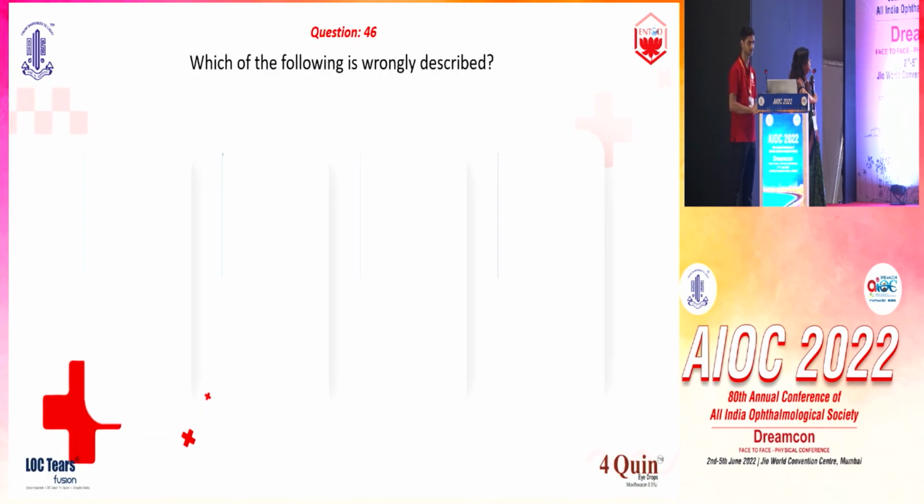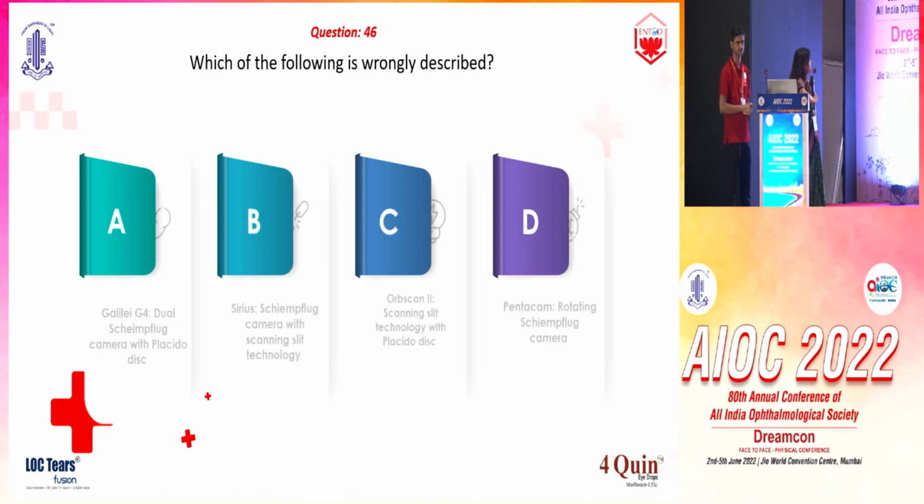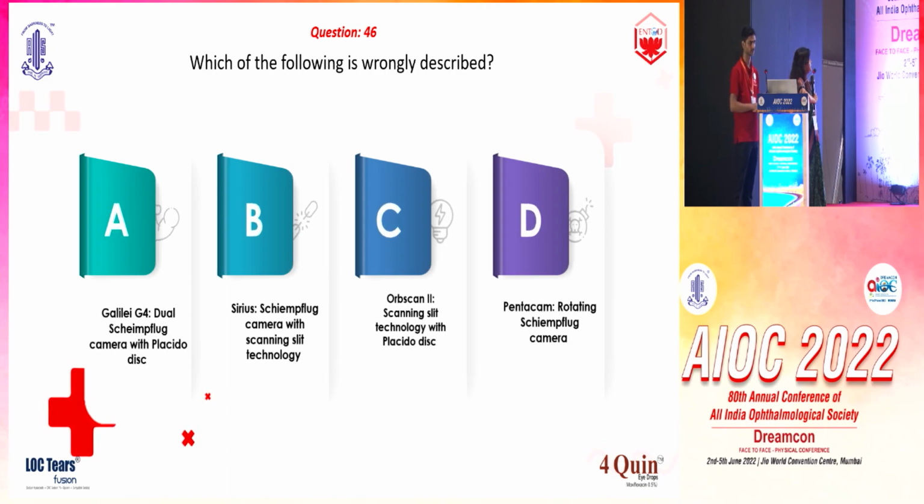Which of the following is wrongly described? Galileo G4, dual Scheimpflug camera with placido disc; Cirrus, Scheimpflug camera with scanning slit technology; Orbscan 2, scanning slit technology with placido disc; Pentacam, rotating Scheimpflug camera.